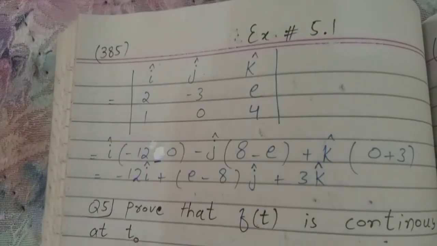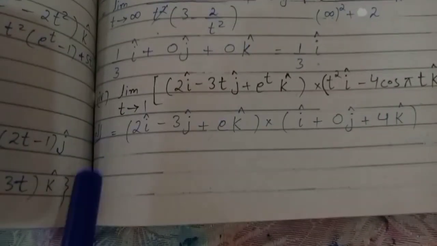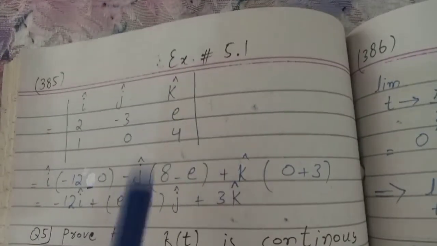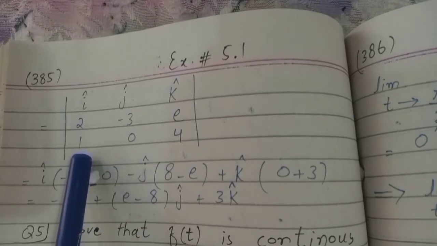In the second row, we will write the components of the first vector: 2, minus 3, e. In the third row, we will write the components of the second vector: 1, 0, 4.